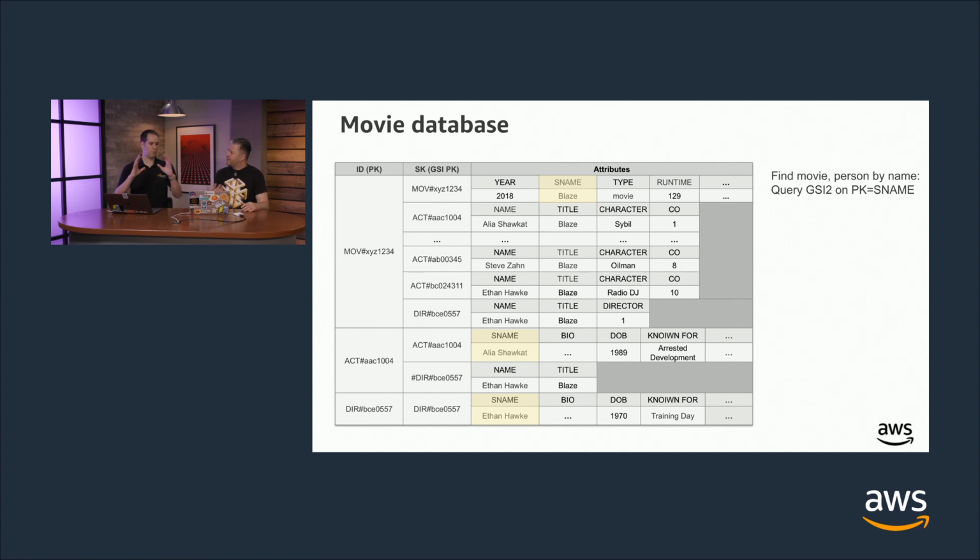See, it says GSI PK on top of that table. Once we have the name of the movie, then we actually have the movie ID. Now I can retrieve the record, all the details for the movie. And in fact, I can query that table on the movie ID and retrieve all these associated records.